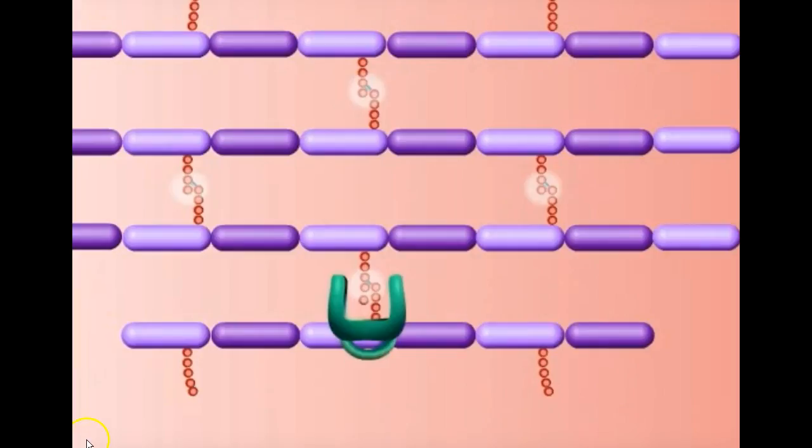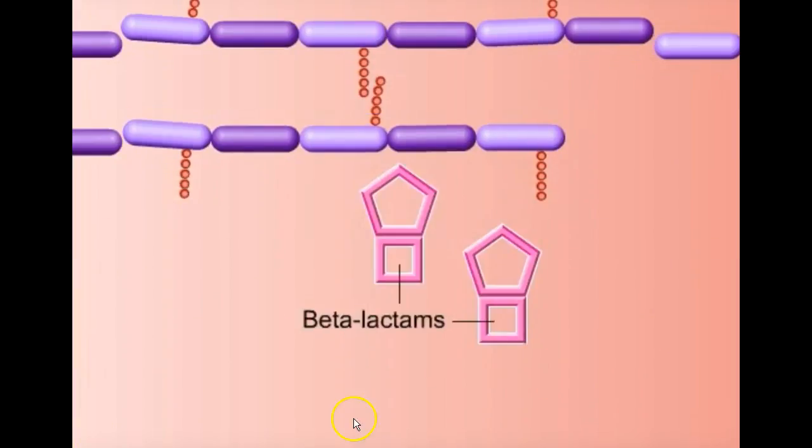So what happens when we introduce an antibiotic? This is a pictorial version of a particular type of antibiotic called a beta-lactam antibiotic, and it's called that because it's in the shape of a beta-lactam ring. Most of the illin antibiotics that you know of, ampicillin, penicillin, methicillin, and a few others, those are your beta-lactam antibiotics, and they're in this shape.